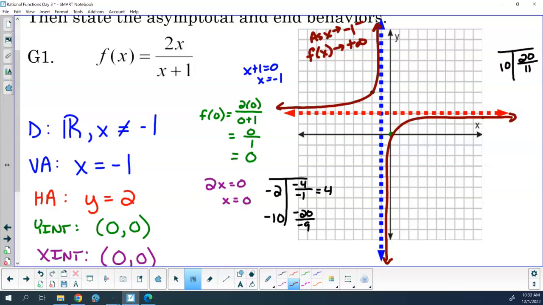The other one would be down here. As x approaches -1 from the right, as it gets closer and closer to the blue line on the right side, where's my function going? Negative infinity. There's your two asymptotal behaviors.